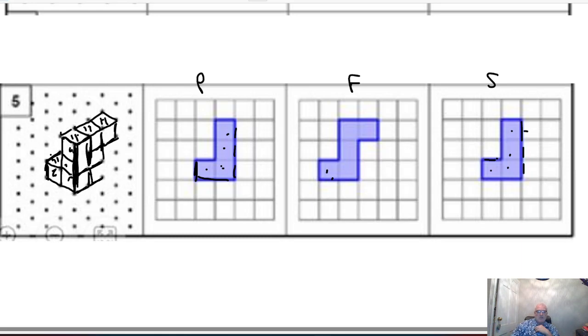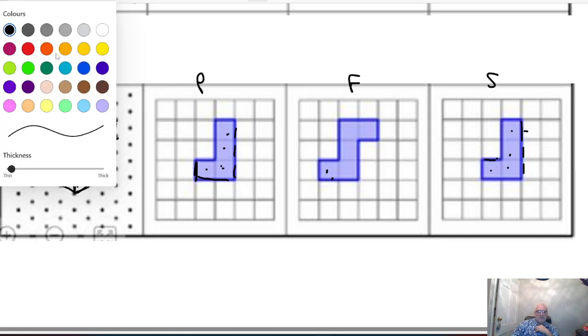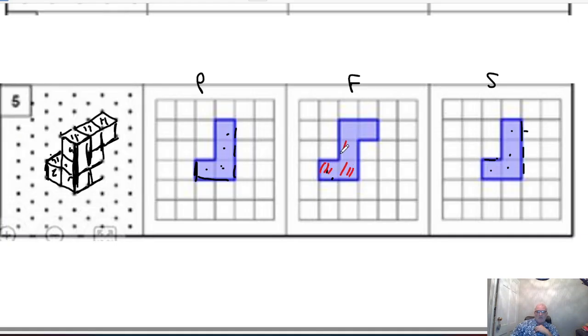Okay, now if we can shade in what we've actually got as my front elevation, I've got 1, 2, 3, 4, 5. Okay, so let's try and shade this in on the shape we're going to draw. So 1, 2, 3, 4, 5. So that's the shape that I've got on my front elevation.